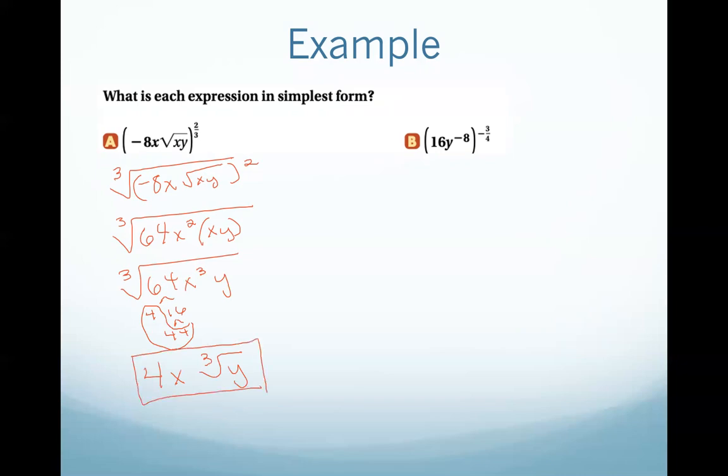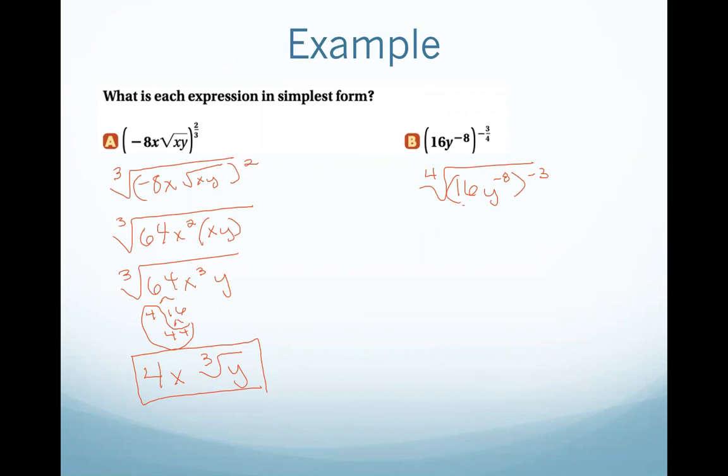In part B, we have, again, something raised to the negative 3/4 power. Be careful with this. Again, it's a reciprocal. So I'm going to do the fourth root of 16y to the negative 8, all raised to the negative 3. I'm going to go ahead and take the fourth root first. 16 is 2 to the fourth.